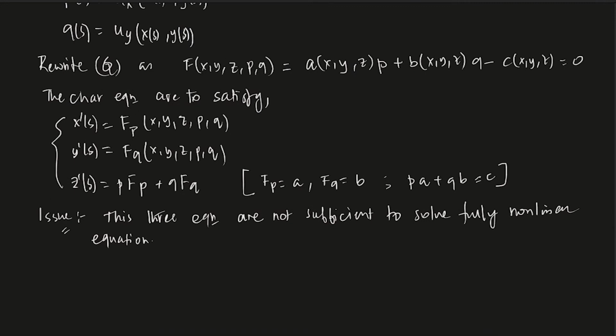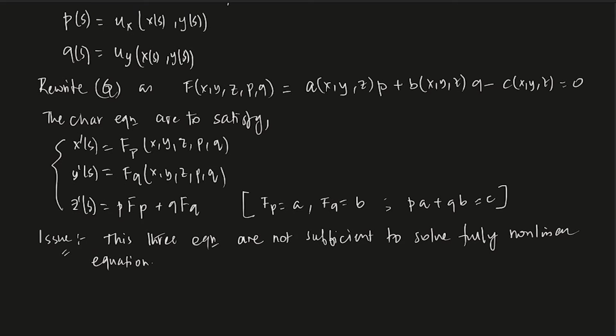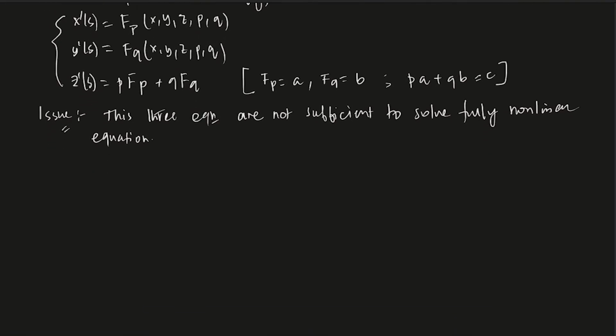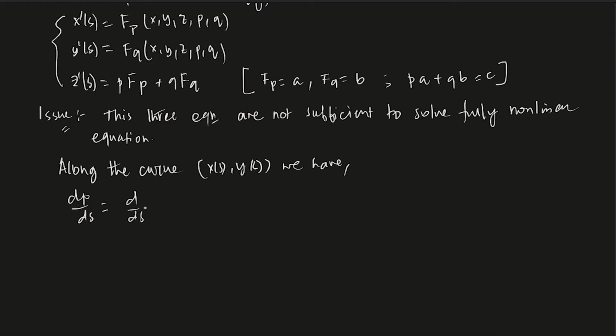P and Q. So what is P? P is ux and Q is uy, on xs, ys, along the curve. We have dp by ds, which is d by ds of ux.